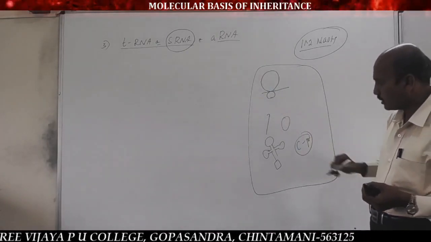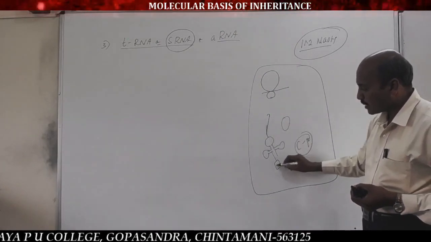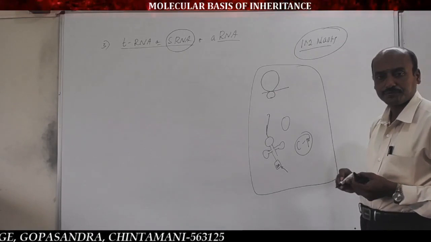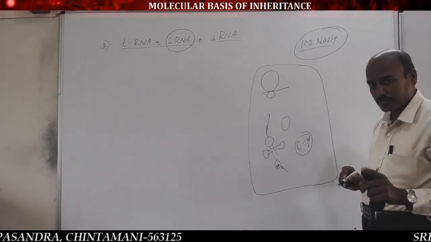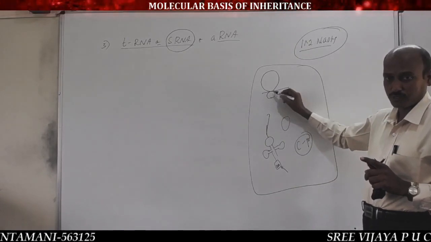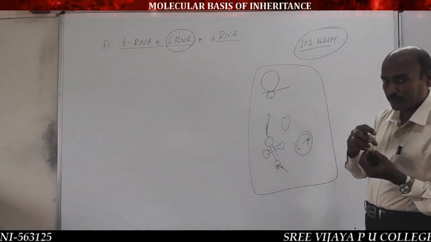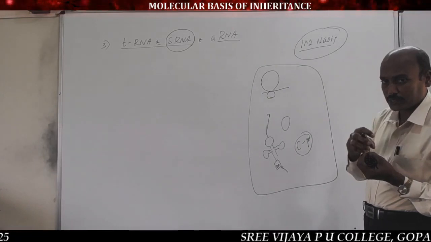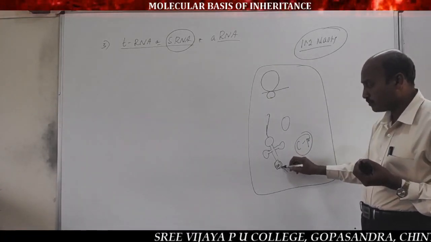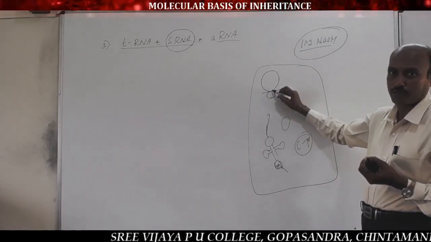We remember, tRNA transfers a specific amino acid from the cytoplasm to the ribosomes. So it adapts or carries a specific amino acid from the cytoplasm to the ribosomes.